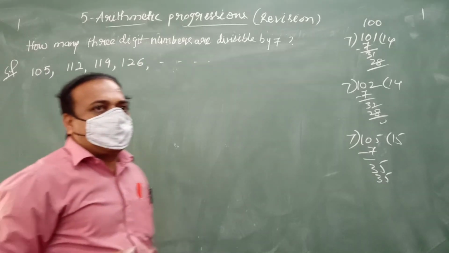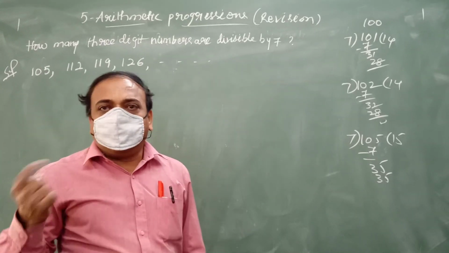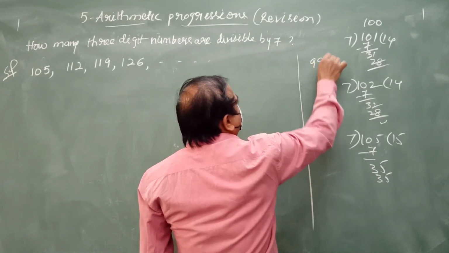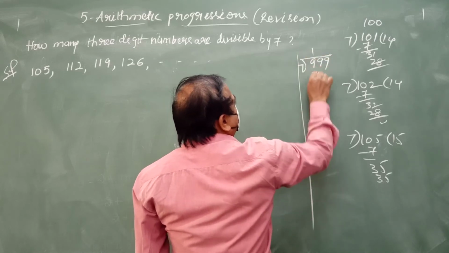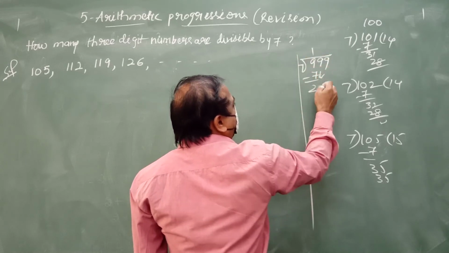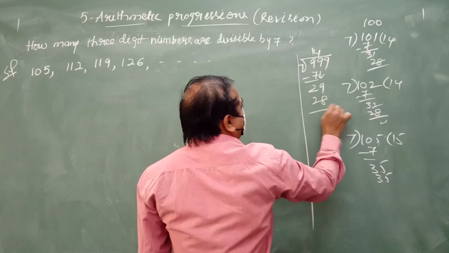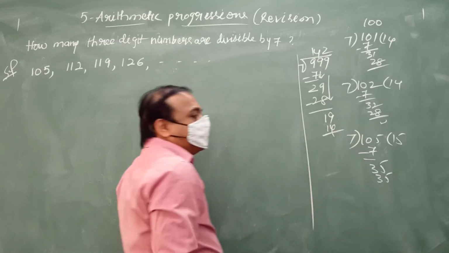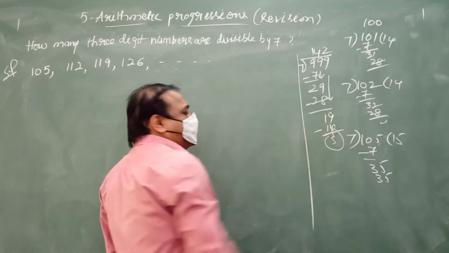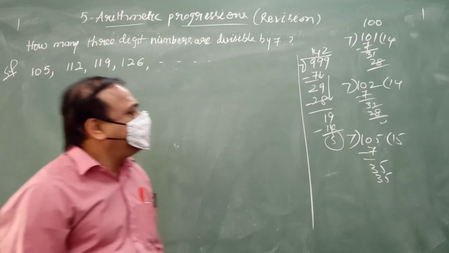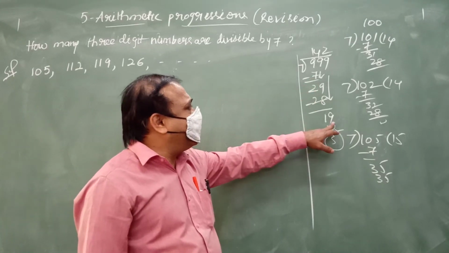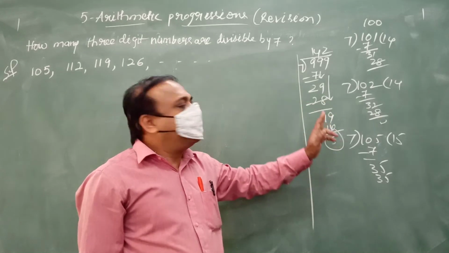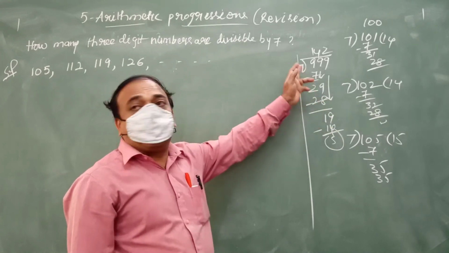Now you come from the last. Which is the last 3-digit number? 999. Is 999 divisible by 7? Check it. 7 ones are 7, 2 9, 7 fours are 28, 1 9, 7 twos are 14. So not. The remainder is 5. It's not divisible. 998? 996 or 995?